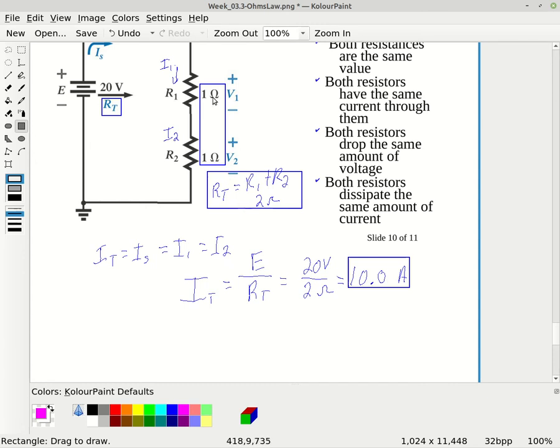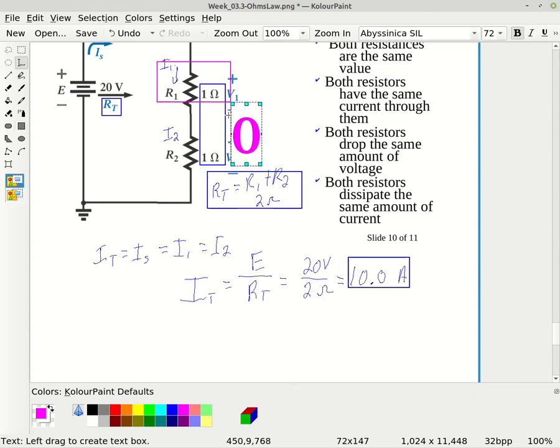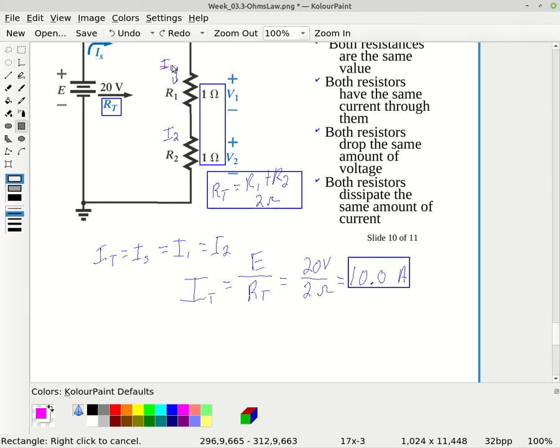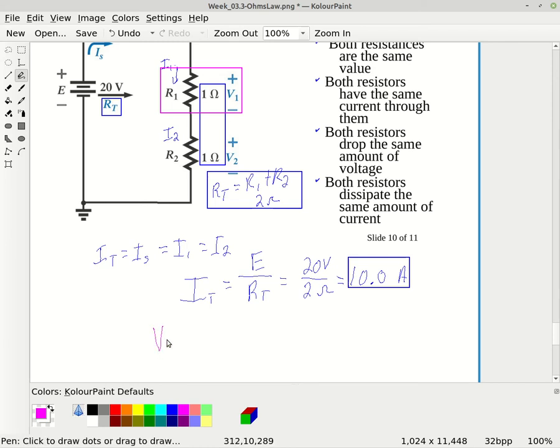Now since both of these are exactly the same resistance, they're going to drop the same voltage. So we can kind of see that here. If I say, what is the voltage V1? Well, V1 is equal to, Ohm's law tells us, the current through the resistor R1, which is I1, times R1.